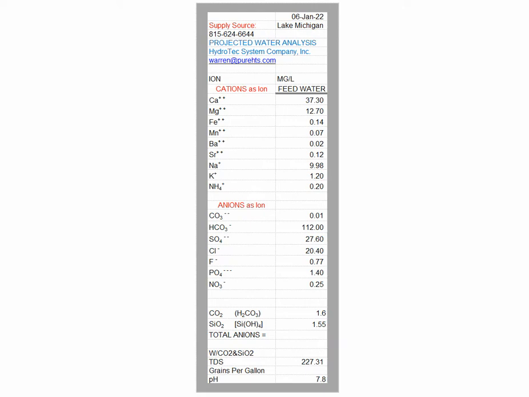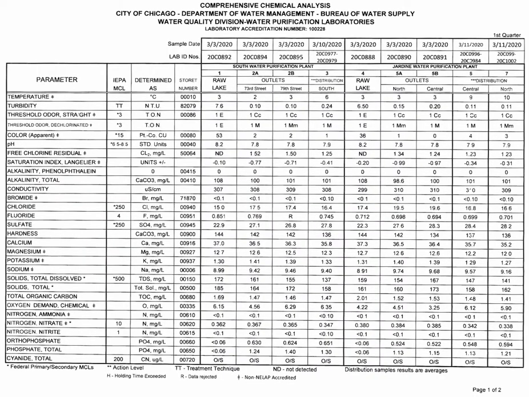We derived this analysis from the Chicago Water District, as you can see in the title up here, City of Chicago Department of Water Management, Bureau of Water Supply. The city puts out 4 analyses a year: first quarter, second quarter, third quarter, and fourth quarter.